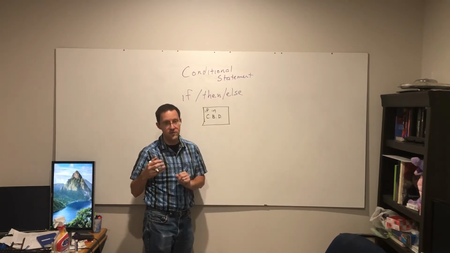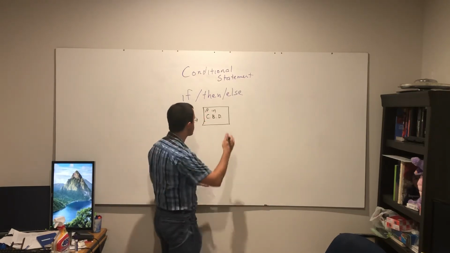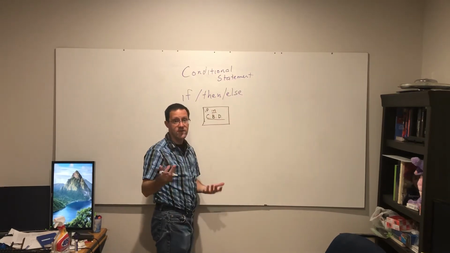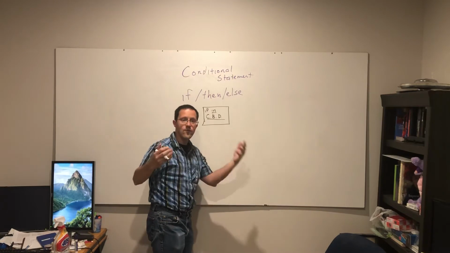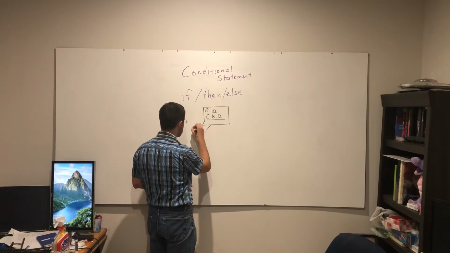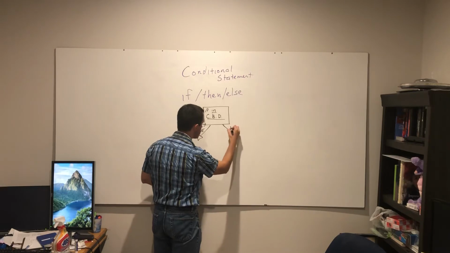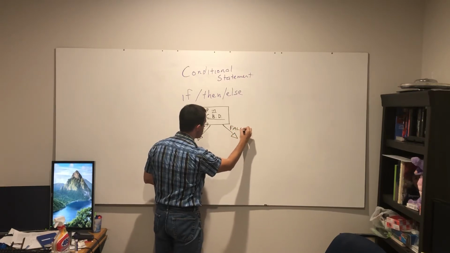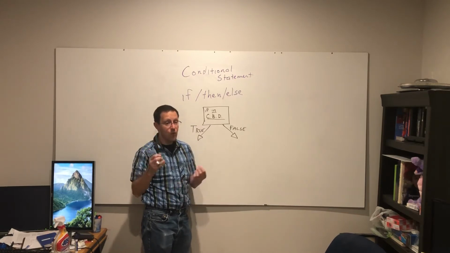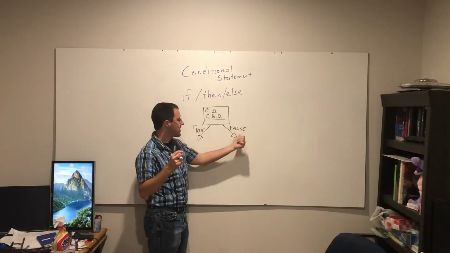We want it to be in the central business district. So we can say, if it is in the CBD. Is it in the central business district or not? That's true or false, that is Boolean. And we have two options. Always we have two options: if it is true and if it is false.